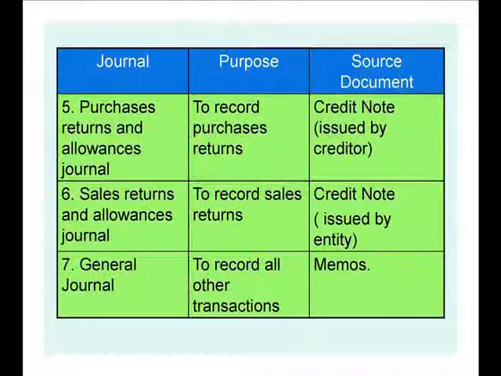But there are quite a large number of other transactions, so they are recorded in the general journal. The source document varies. One is the internal memo, sometimes debit notes, right? It depends. So let me explain.